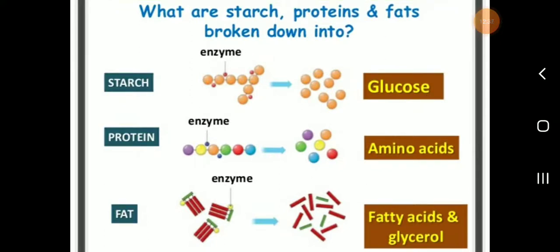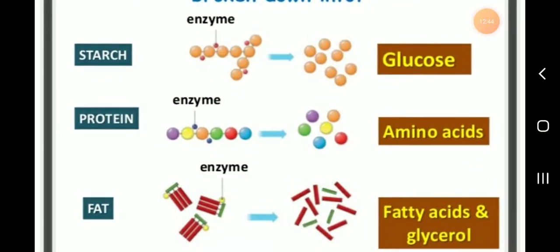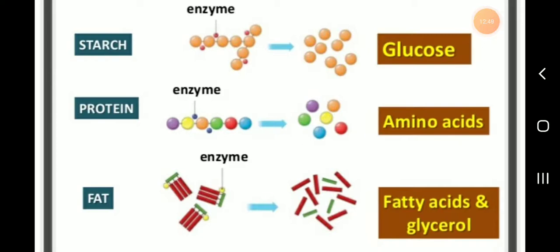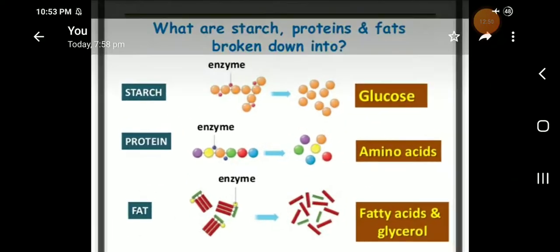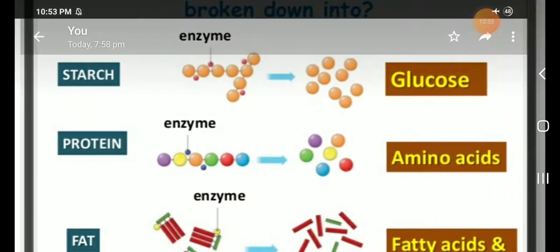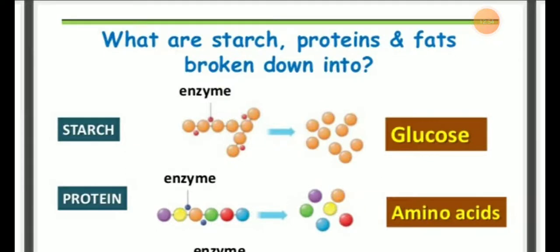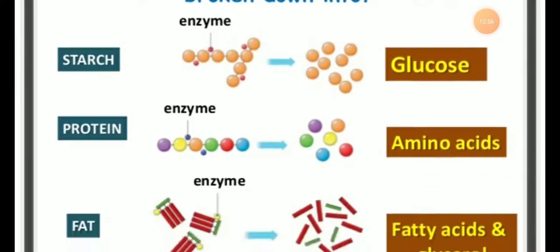Listen, starch. We eat starch, and enzymes convert it into glucose. Then protein: the enzymes convert it into amino acids. Fat is converted into fatty acids and glycerol. See the picture, students. What are the starch, proteins and fats broken down into?